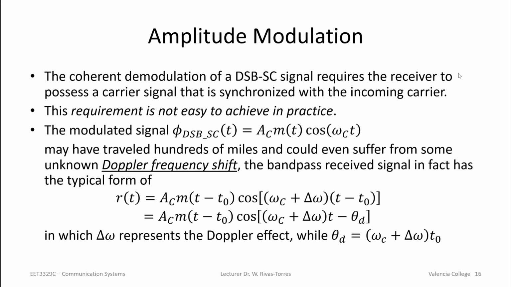Now, in practice, that is not easy to do. Keeping those two in synchronization is rather difficult, especially the farther away the receiver is from the transmitter. And after a certain distance, it's just going to be hard.